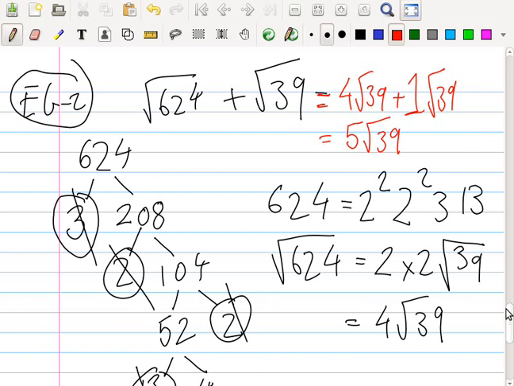So 4 root 39 plus 1 root 39 will be 5 root 39. I didn't need to do anything to this, it's already fine. All I'm doing is the same thing as the first example, factorizing my number to simplify it.